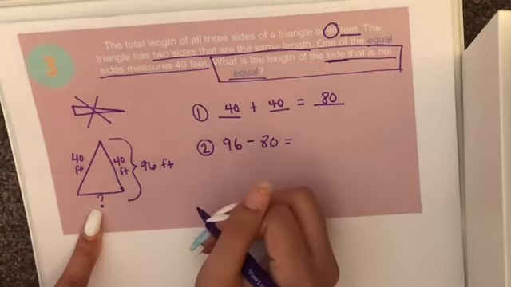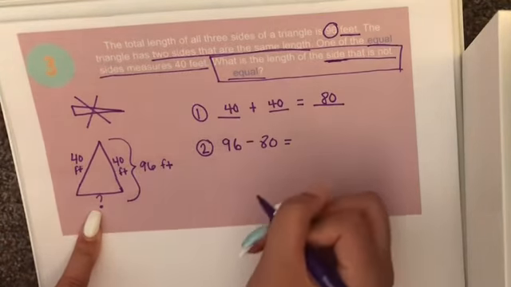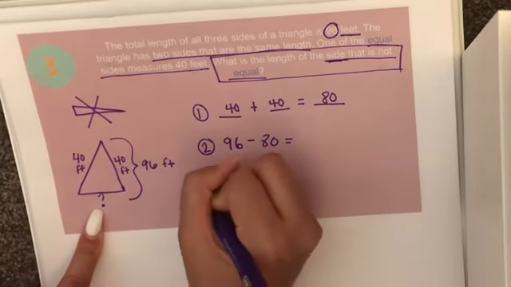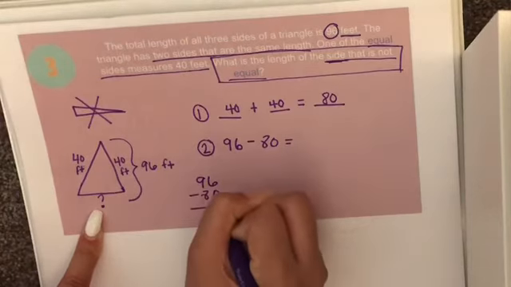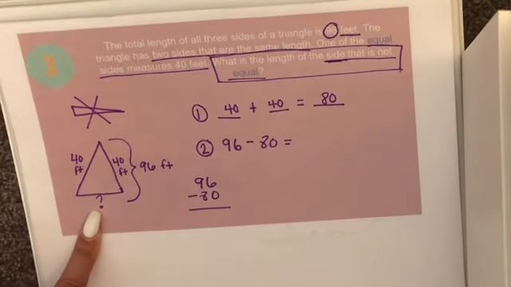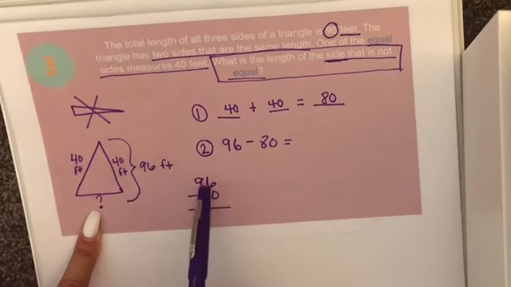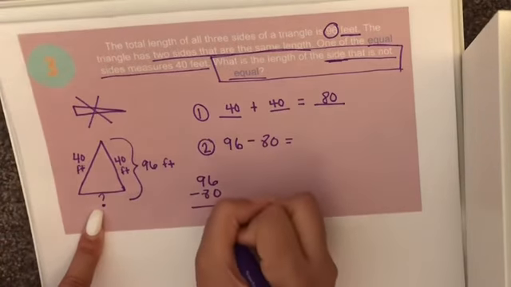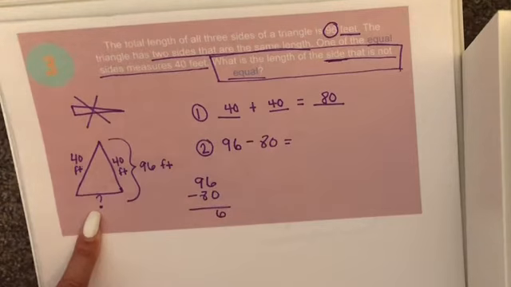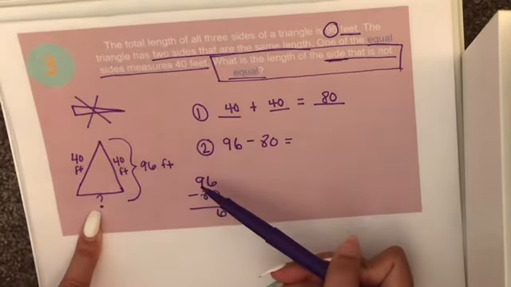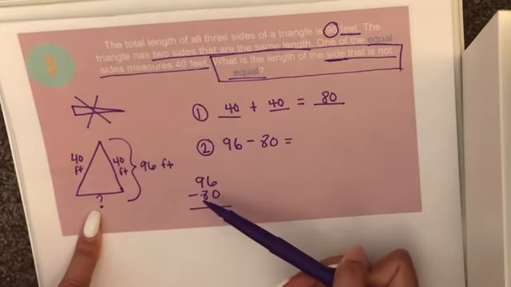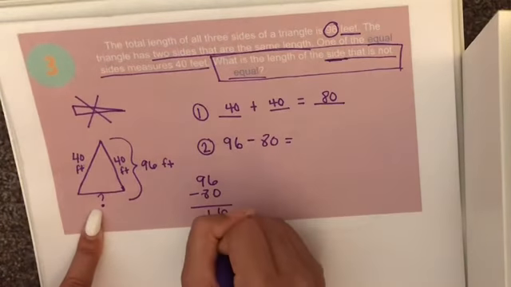Okay, so let's go ahead and do that. 96 minus 80. Well, 0 is worth nothing. So if I take 0 once from 6, the 6 remains the same because I'm not taking anything away. But if I take 8 from 9, 9 minus 8 is 1.